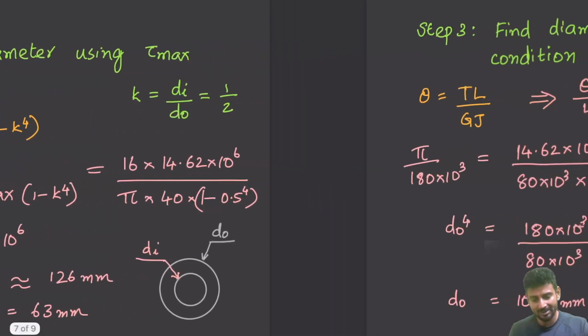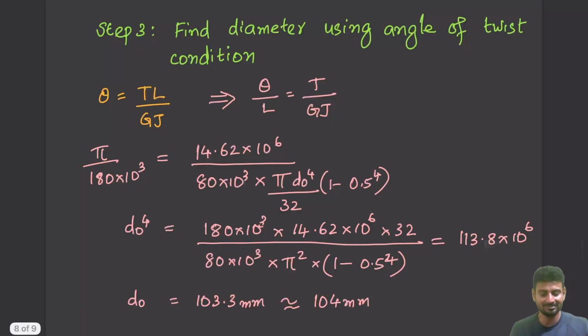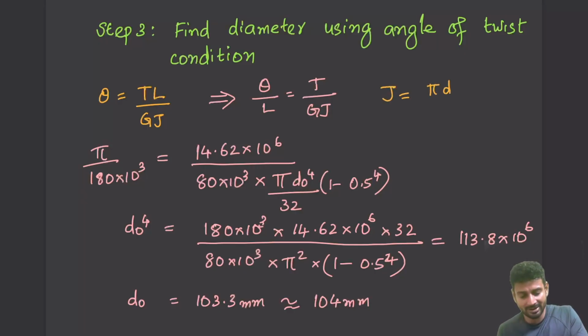Next, we will calculate the diameter again using the second criteria, which is the angle of twist criteria. So the angle of twist equation is same as before. We'll rearrange the equation for theta by L. And J value, we know that J for a hollow shaft is pi dO raised to 4 by 32 into 1 minus k raised to 4.